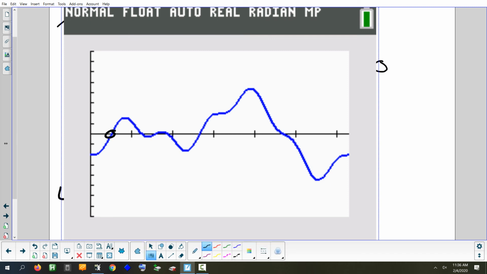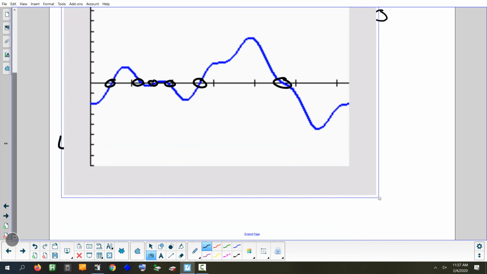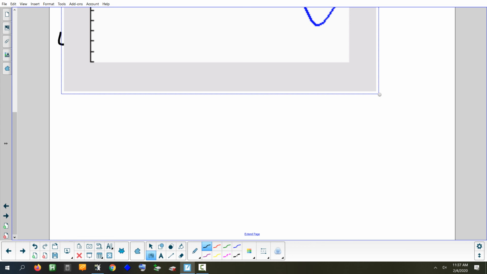So you get 1, 2, 3, 4, 5, 6. So you would have to do second calculated zeros 6 times. It's just kind of tedious, but it's not really any harder. It is longer. I already have the answers, so I can just tell you what it comes out to.